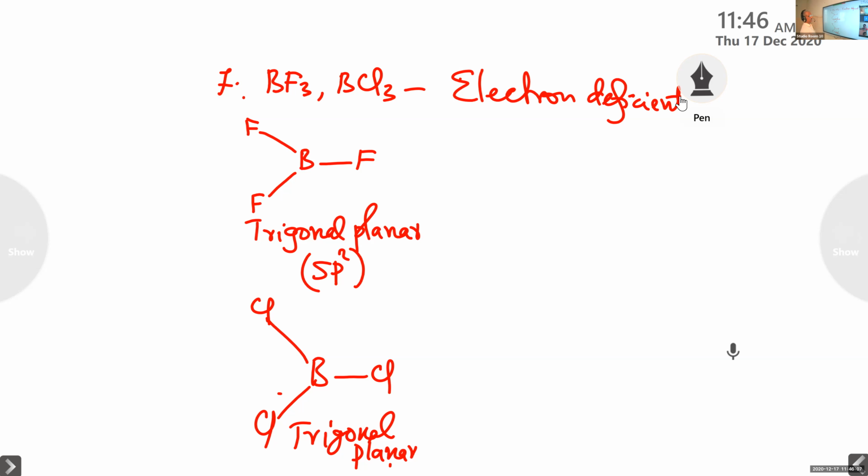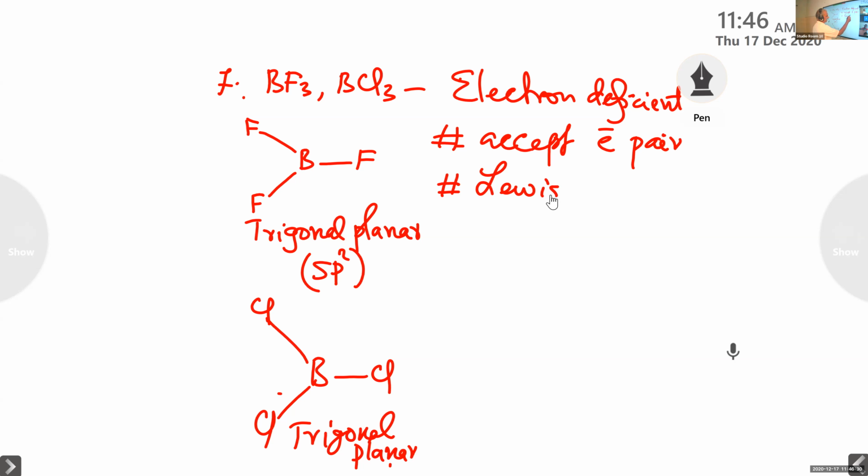This electron deficient species can accept electron pairs. And we know electron pair acceptor is a Lewis base. I'm sure that you have forgotten all these things regarding acids and bases.